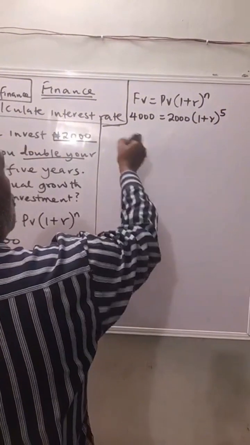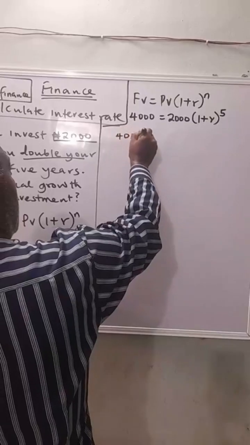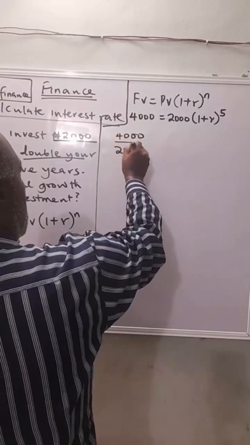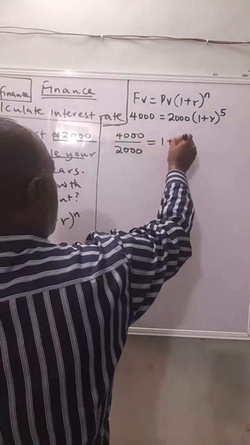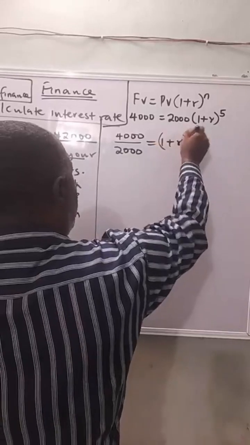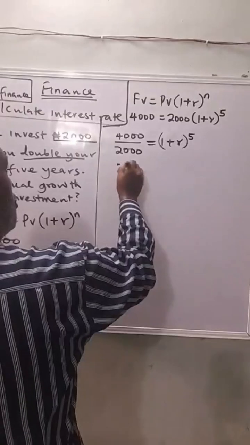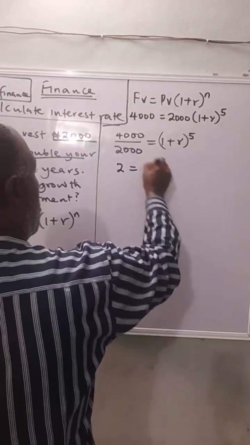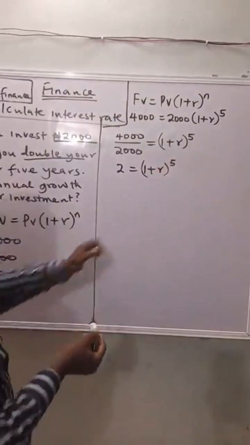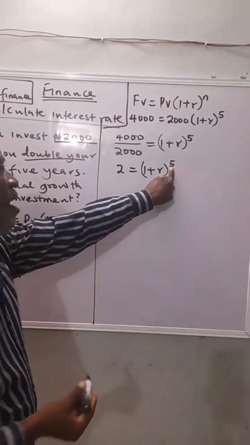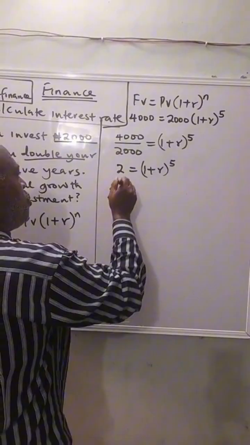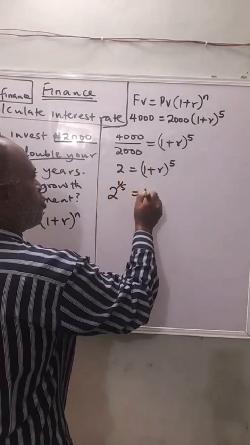We divide both sides by 2,000, so 4,000 over 2,000 equals 1 plus R, all raised to the power of 5. Divide this, you have 2 equals 1 plus R, all raised to the power of 5. This 5 means 5 over 1. Remove it, and it becomes 2 raised to power 1 over 5, equal to 1 plus R.